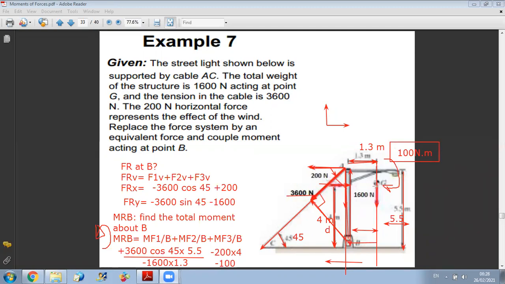So if you apply it at, for example, A, it will also have the same effect on B. This is why when you have a couple acting on your structure, when you do sum of moment about any point, you should include it in the summation of moments. So you look at your couple, you have its magnitude, it's 100, and you look at its direction. Since it is a clockwise moment, it will produce a negative moment about B. So it's minus the couple, which is minus 100. Okay, thank you.